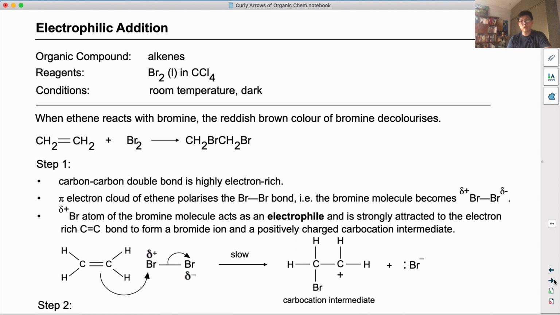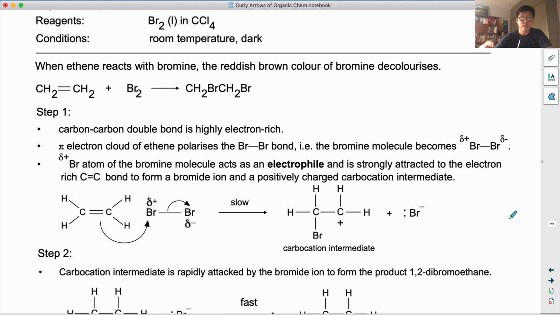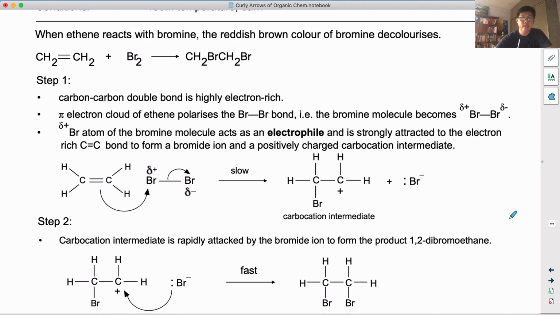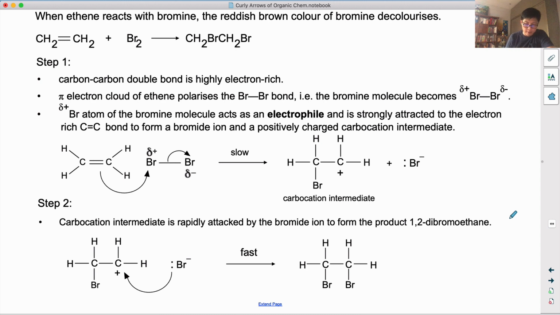Maybe just to give you an idea of the mechanisms that we learned in school, let's try the first one, electrophilic addition. I think most of you should be quite familiar with electrophilic addition. We know that the pi bond polarizes the Br2 molecule such that it will have a delta minus and a delta plus over here.